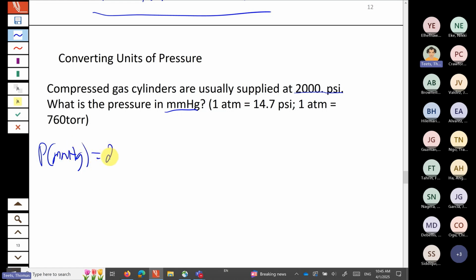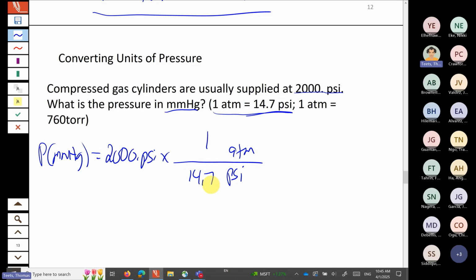So we have 2,000 psi. Now, we don't have a direct conversion from psi to torr, but we have psi to atmospheres given to us, and then the familiar one that we should learn, which is atmosphere to torr. All right, so we want psi to cancel, and we have a conversion into atmospheres from that.